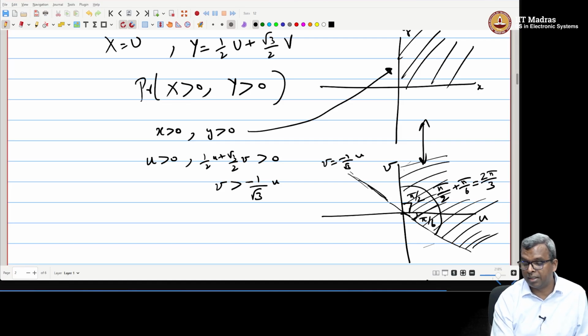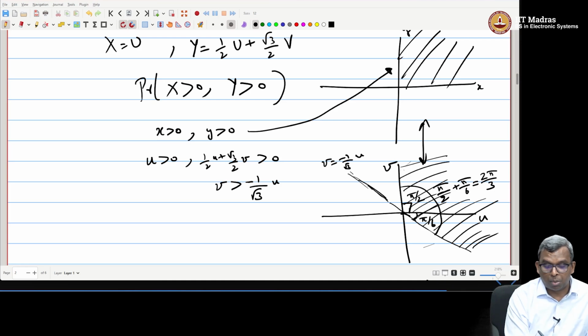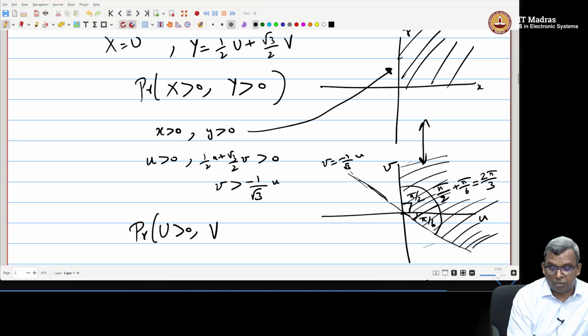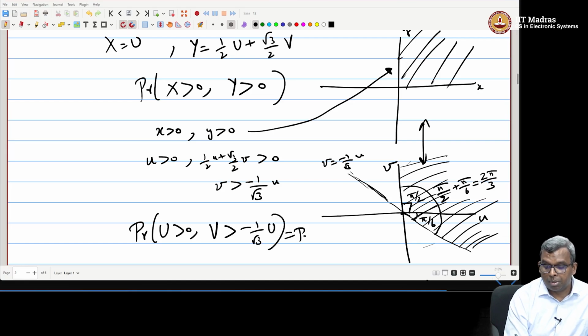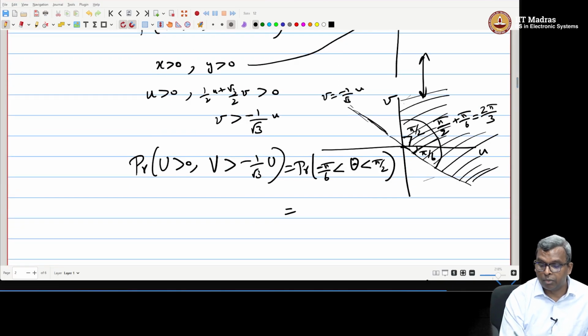So, 2 pi by 3 is the overall angle here, and remember it is circularly symmetric in UV. So, the probability of U greater than 0 and V greater than minus 1 by root 3 U is the probability that theta lies between minus pi by 6 and pi by 2, and that is just an interval of 2 pi by 3.